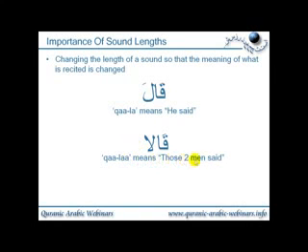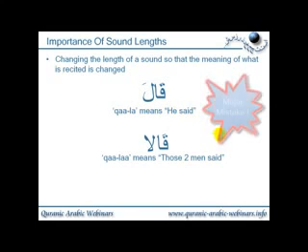And that means those two men said. So grammatically we've changed from one male to two males, and the only difference was the length of the last vowel. So if we accidentally read the first word as the second, we would change the whole meaning of the sentence, and this is known in Tajweed as a major mistake, and you are not allowed to make these major mistakes.